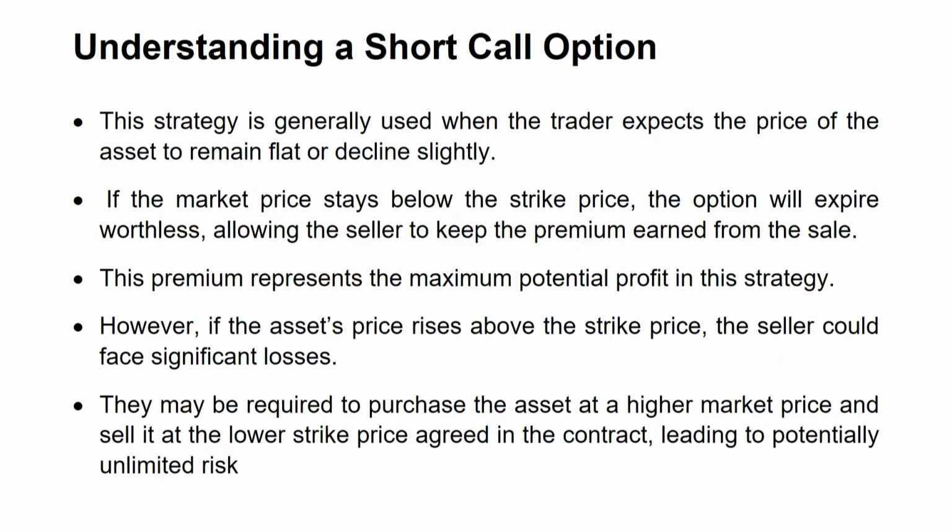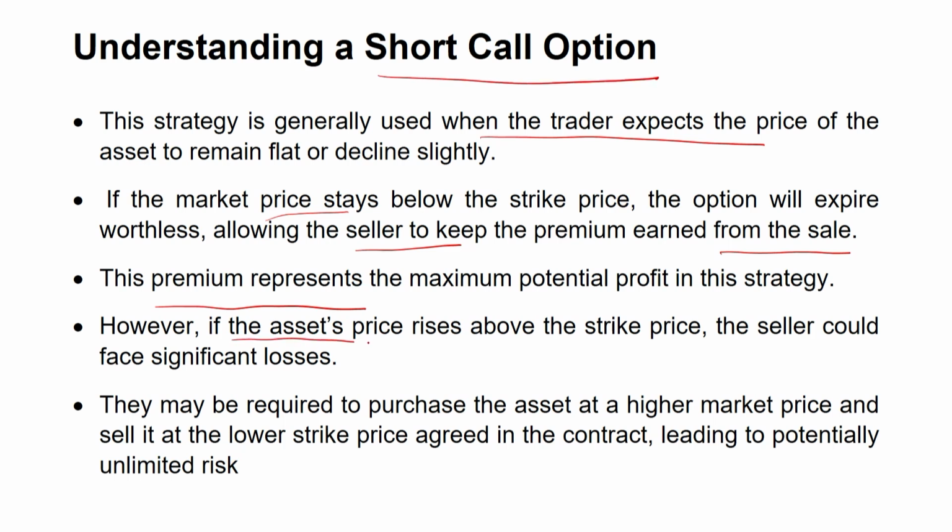Now, let us understand the short call position in detail. Basically, this strategy is used when the trader expects that the prices will remain the same or decline in the stock market. If the prices stay below the strike price, then the option will expire. That means it will remain unused, and in such cases the seller will keep the profit of the option premium that he gets from the option holder in the contract from the sale. This premium basically represents the maximum potential benefit for the holder of the short call option.